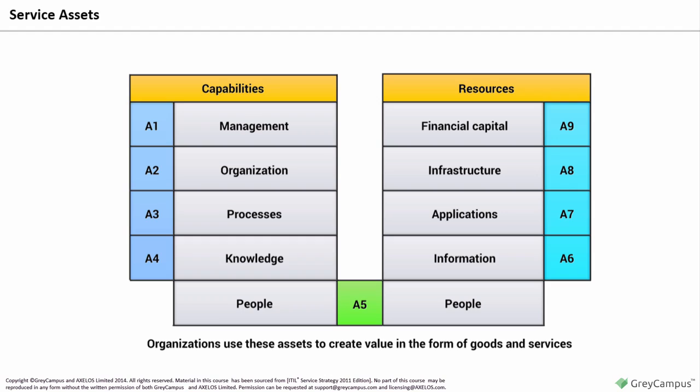What is easier to acquire, capabilities or resources? Resources are always easier to acquire as you have to build the capabilities and that takes time and effort. Aligning the service assets to the customer outcomes is the key to success for any service provider. Further on in this module, we'll see how this can be achieved.